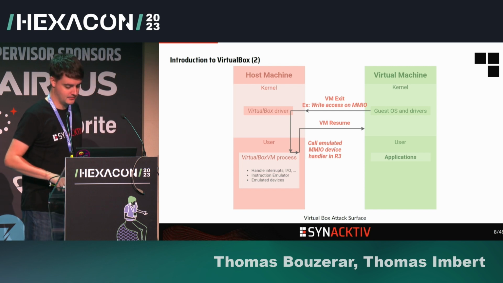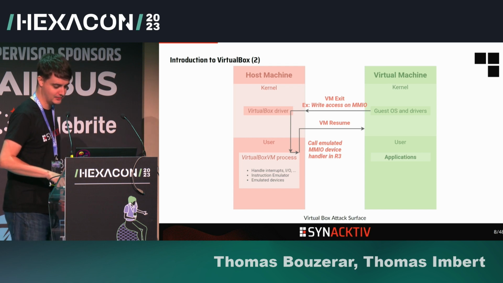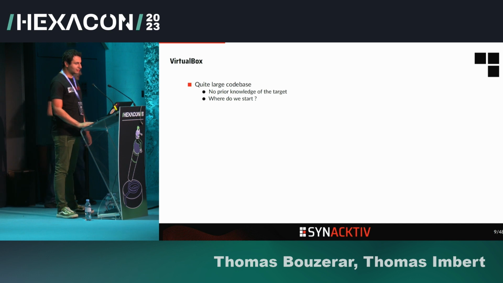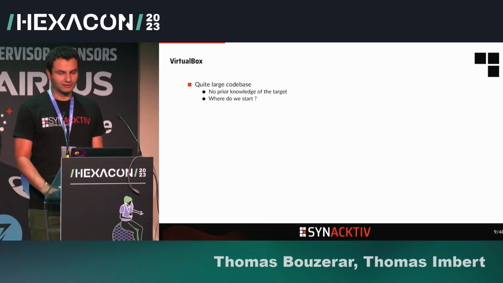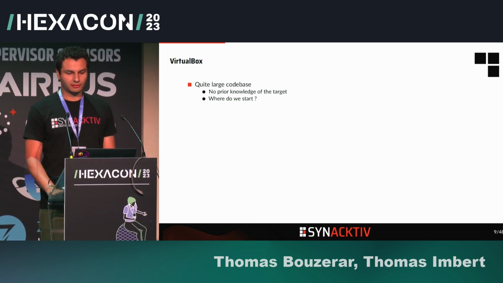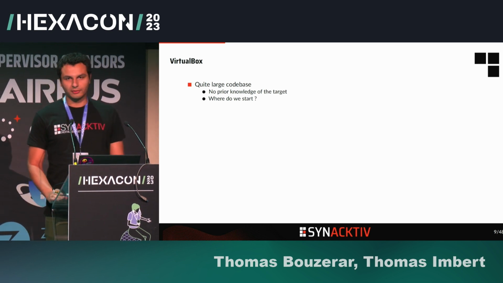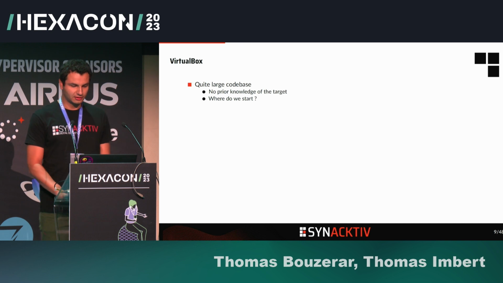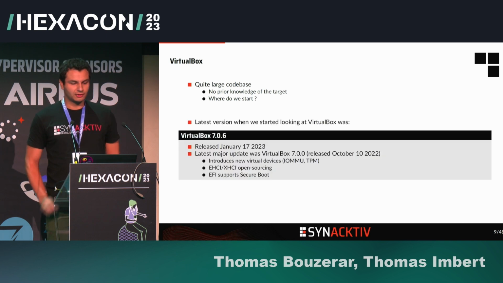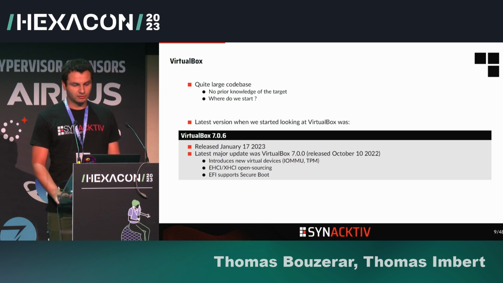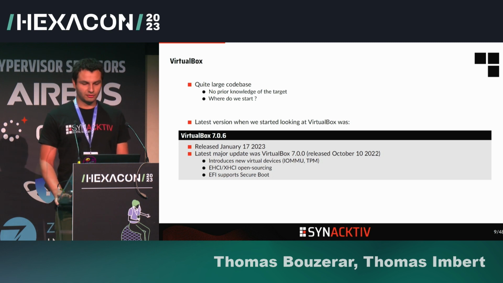So I'll pass the talk to Thomas to continue on VirtualBox. Thank you. VirtualBox has quite a large code base, and back when we started looking into it, we had no prior knowledge of the target. So one may ask, where do we start? The first thing we did was check the latest available version, which was 7.0.6, released in January this year.